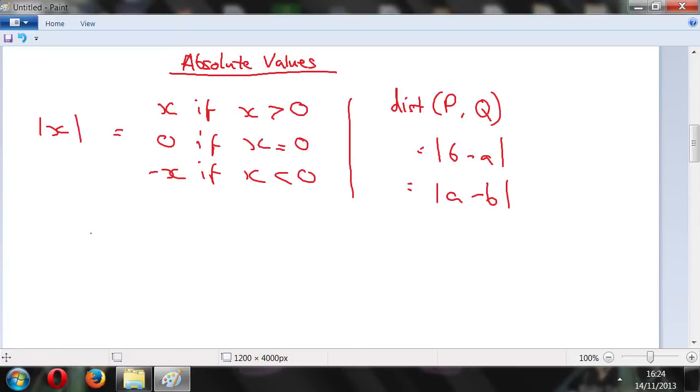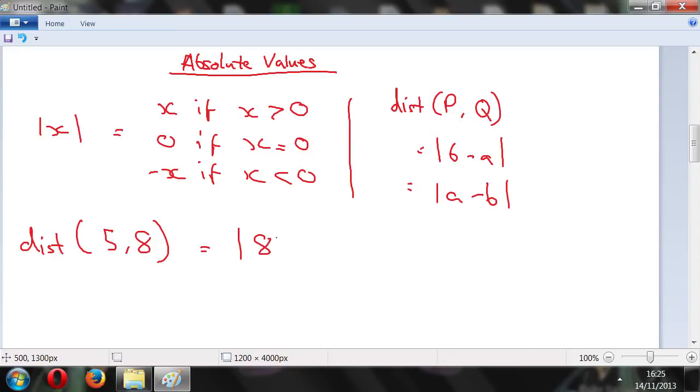So if we were imagining the distance between 5 and 8, perhaps, we could do B minus A first and then A minus B.